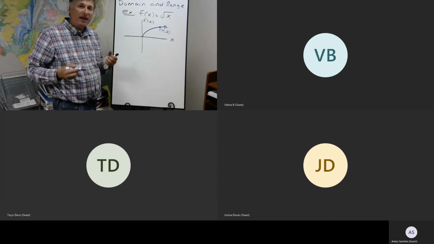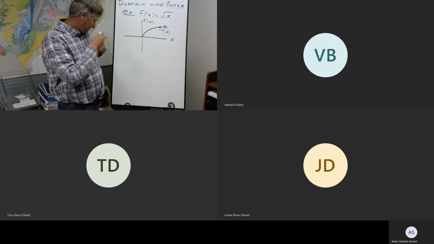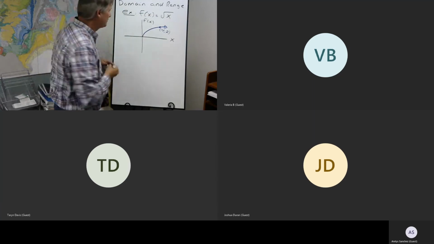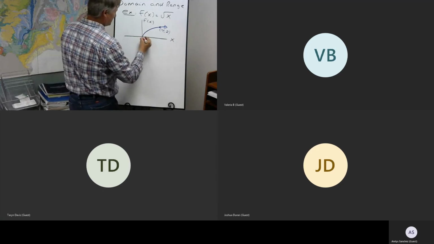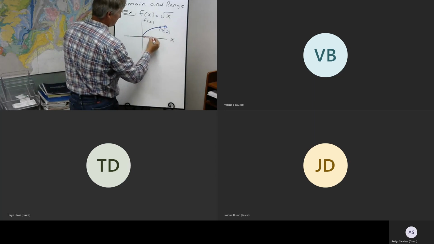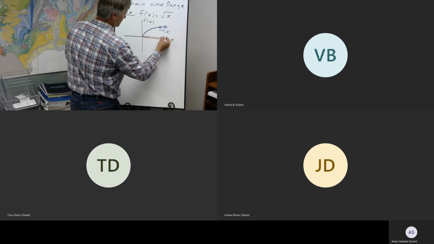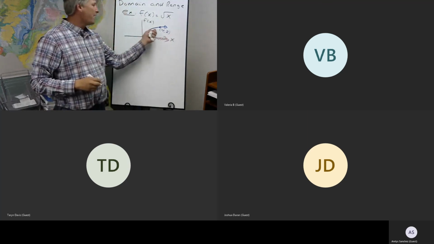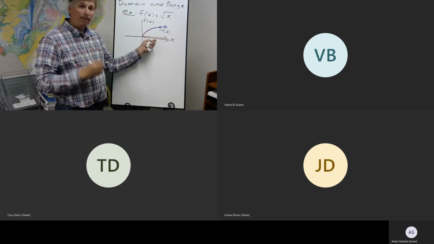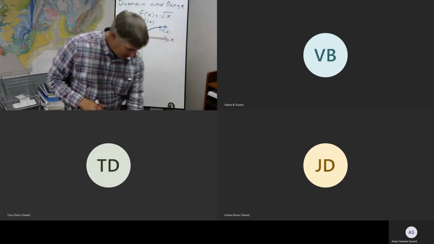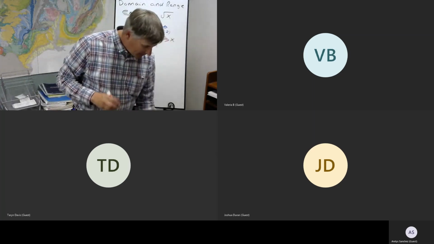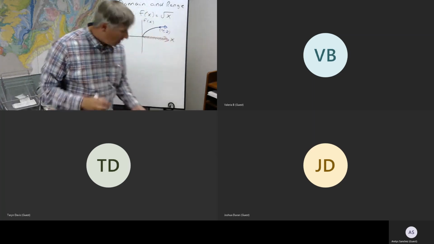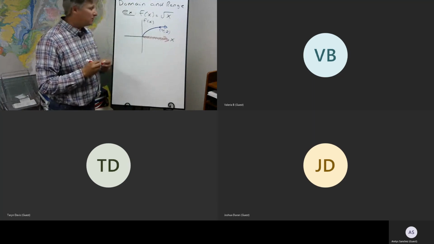To see all the x values on the graph that you may use as inputs, consider the shadow, and it's going to continue on in this direction. The shadow that's cast by this function is going to tell you all the available inputs that you may use.